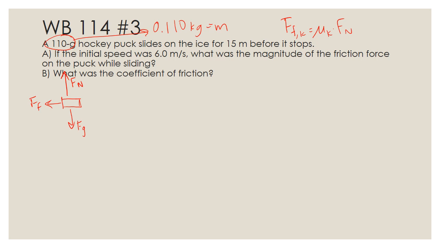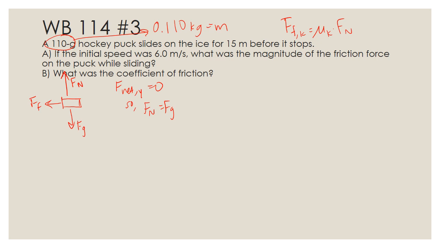Now, using this force diagram, I could see that the net force in the y direction is 0, so that tells me F normal equals Fg. So I could find the normal force to find the force of friction, but I don't know the coefficient of friction. That's what part B is asking, so I can't use this equation just yet.